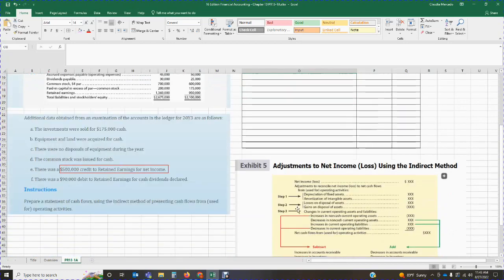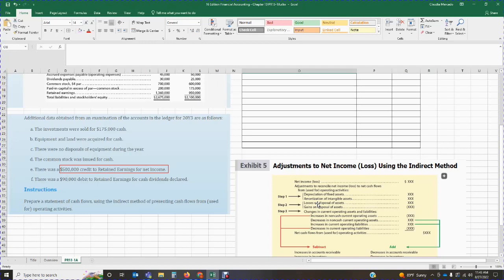Next, we go to step 2. Losses on disposal of assets. Did we get rid of any assets? If you have a loss, we're going to add. If you have a gain, we're going to subtract. And why is this? Because this is recorded later on in our statement of cash flows.